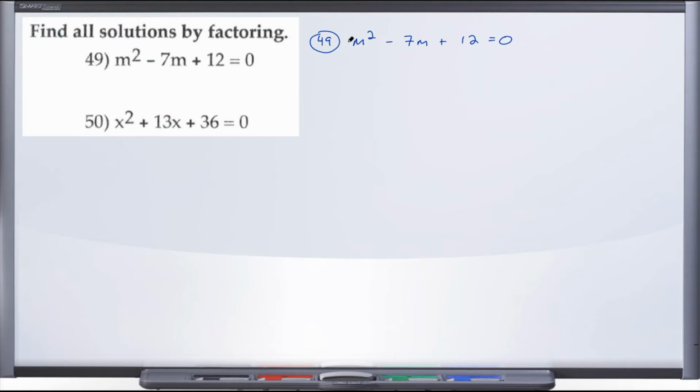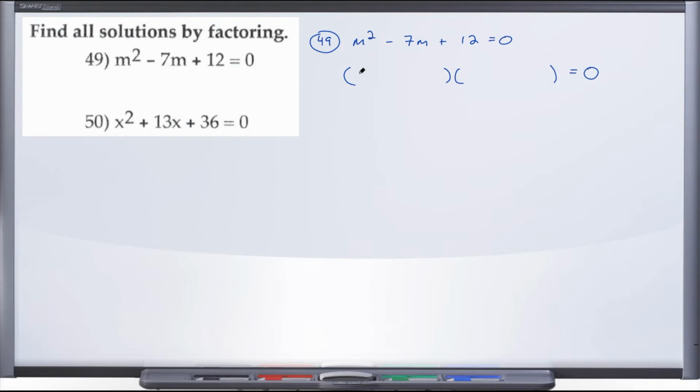But because the coefficient in front of my squared term is 1, this is a, relatively speaking, easier polynomial to factor. So this is a trinomial, so we know it's going to factor into 2 binomials, and again equals 0.